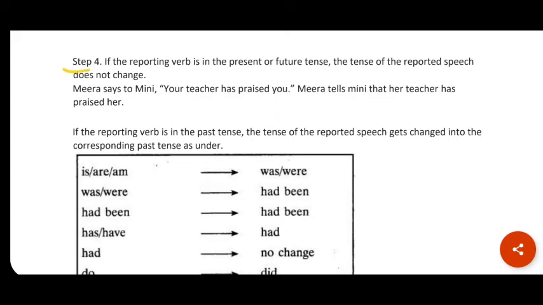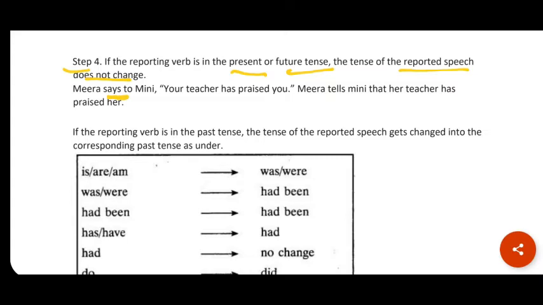If the reporting verb is in the present or future tense, the tense of the reported speech does not change. For example, Meera says to Minnie, your teacher has praised you.